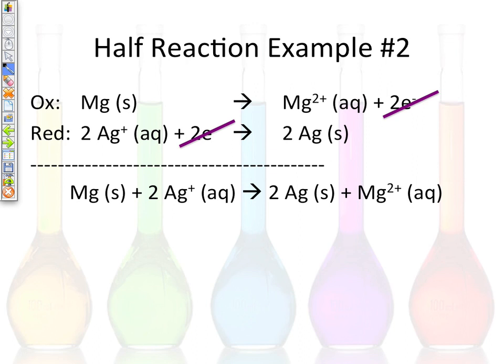So my magnesium plus my 2 silver ions form 2 silvers plus my magnesium ion.